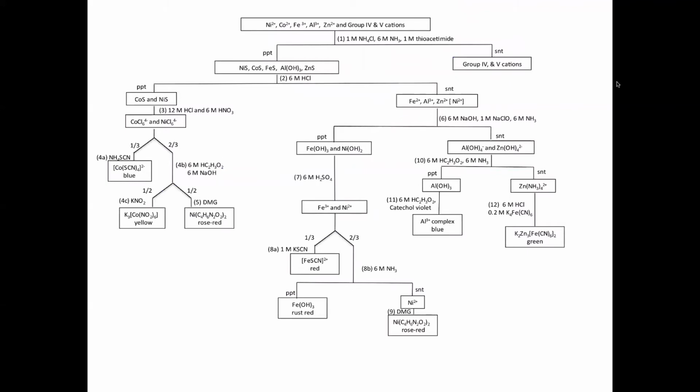Our group 3 ions are nickel 2+, cobalt, iron 3+, aluminum, and zinc. If we were doing the experiment, we would start with 5 mL, and heat gently to get 2 mL to concentrate the ions. Then we would add our buffer system, the ammonium and ammonia buffer. That creates some hydroxide precipitates, but then we add thioacetamide, which gives us our sulfide.